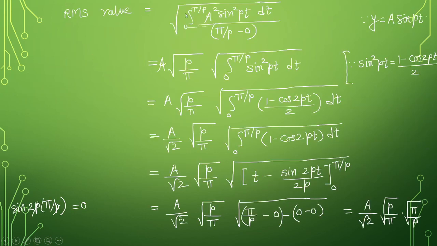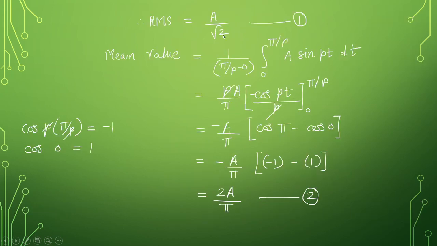Therefore, for the RMS value, apply the formula. Here, y square means the sin square pt term. Therefore, substitute the value of sin square pt as 1 minus cos 2pt by 2. Integrate the values, substitute the limits, we get the value a by root 2. Then find the mean value.